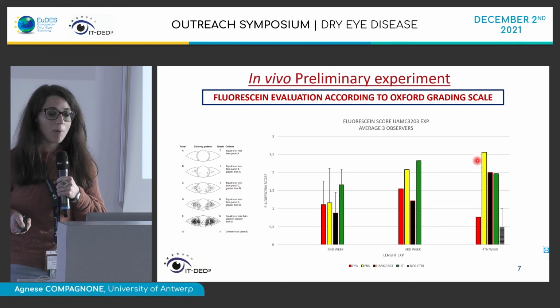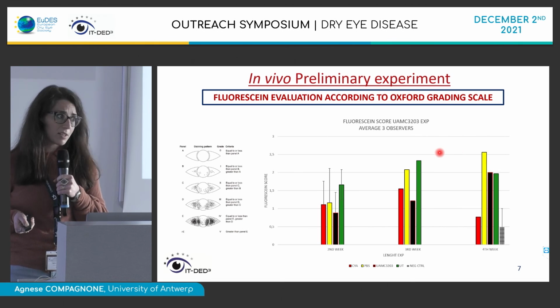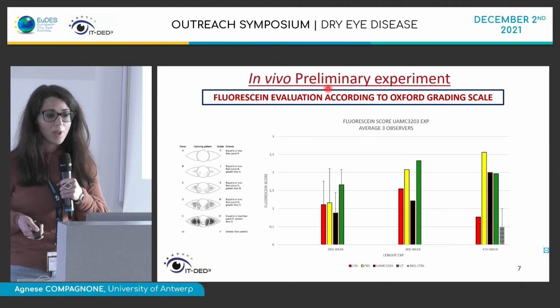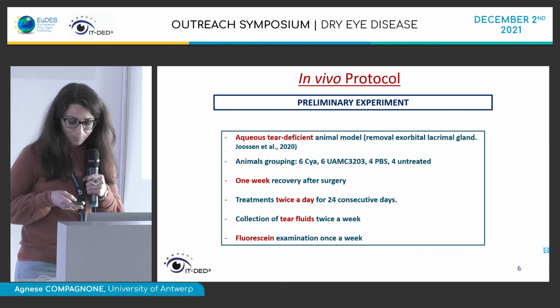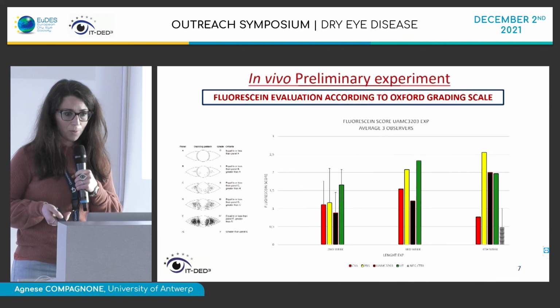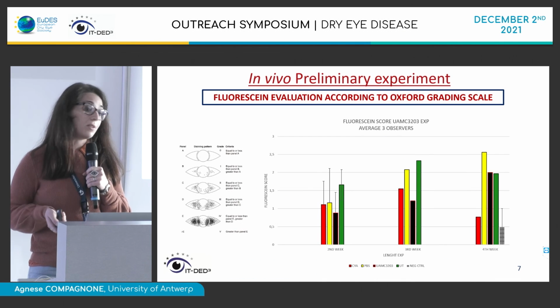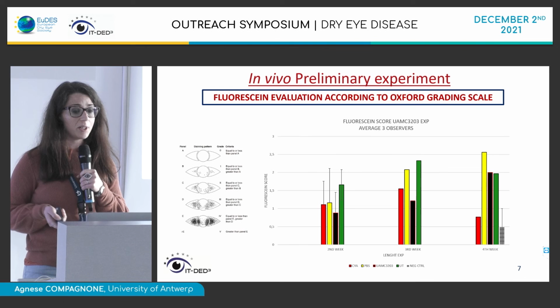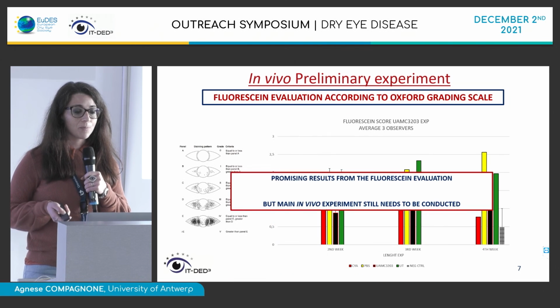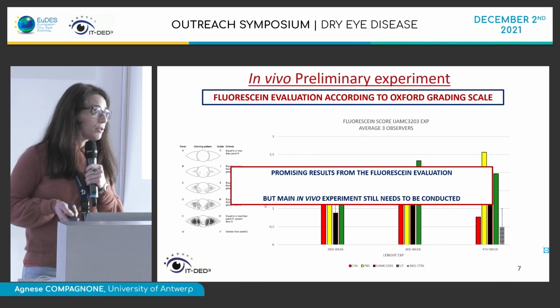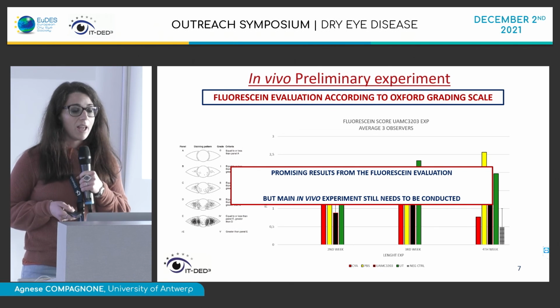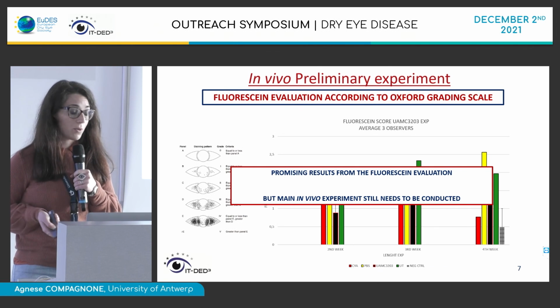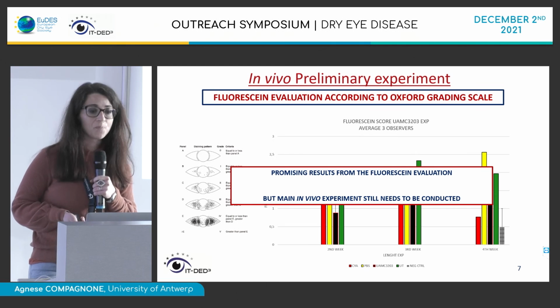We can see that the compound has an effect compared to PBS regarding the fluorescent staining. This was just a preliminary experiment, and the results regarding the fluorescent evaluation seem promising, and the main in vivo experiment is going to be conducted soon.